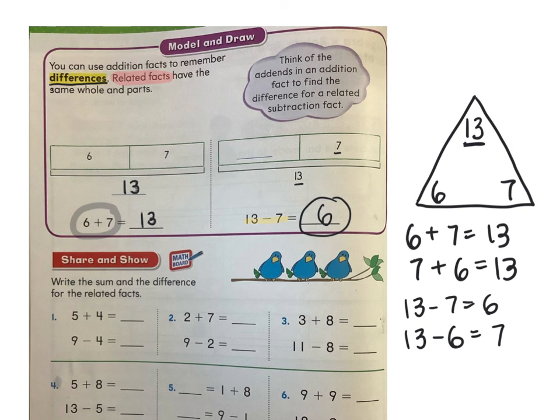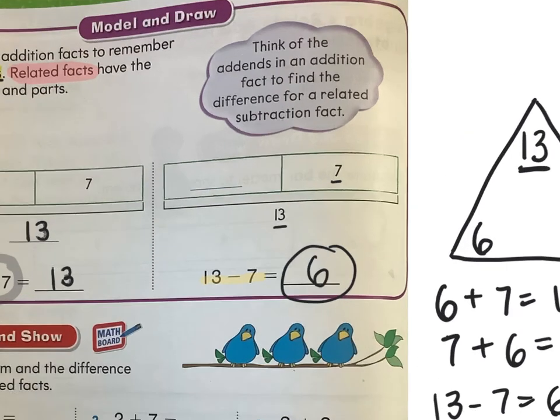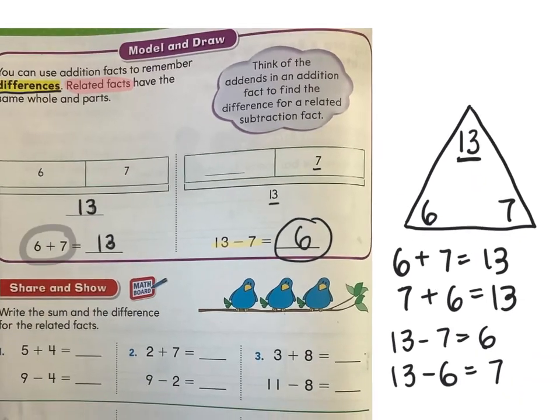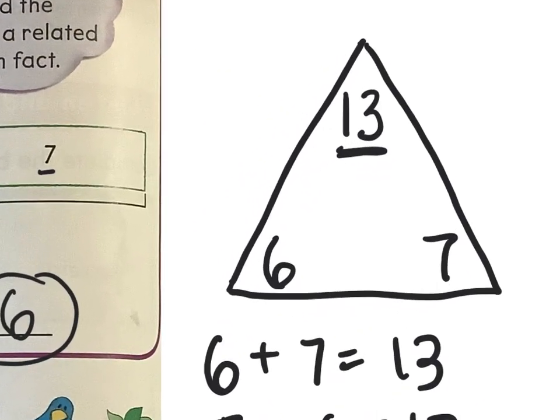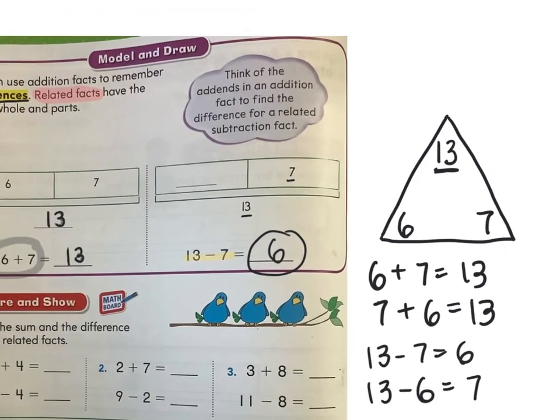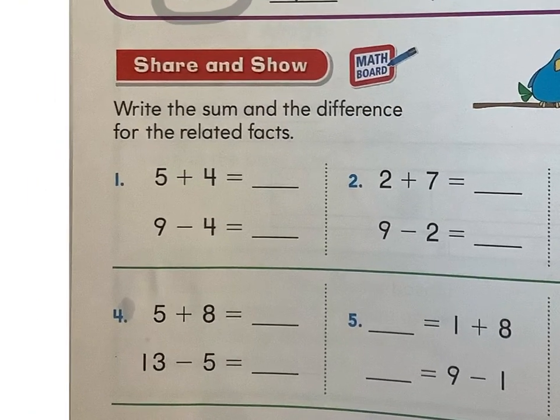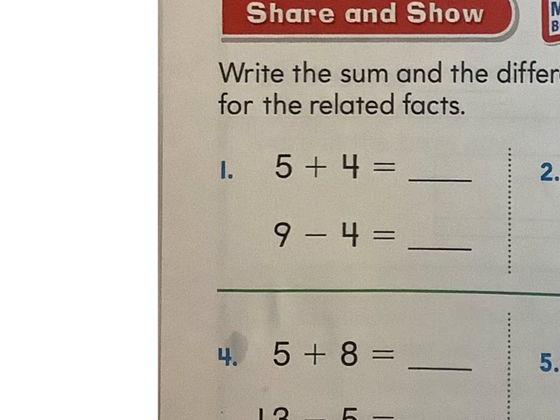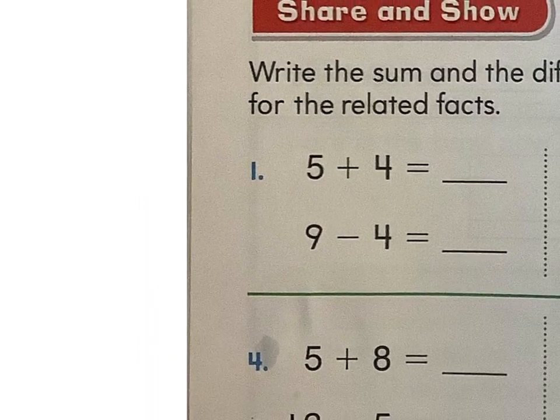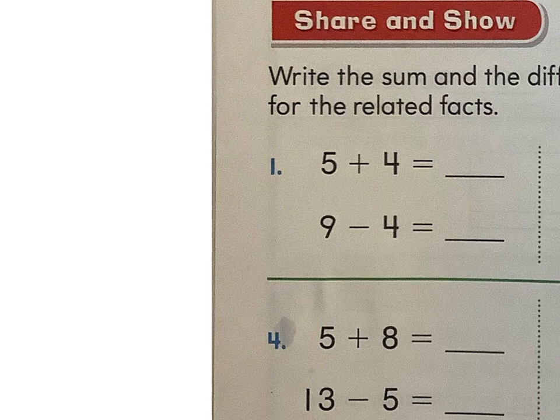So when you're solving, if you want to draw the part whole bar model, like here, you can. Or if the fact family triangle helps you, you could draw that. For example, let's look at number 1. 5 plus 4 equals 9.